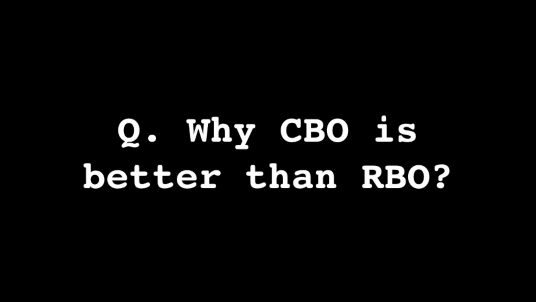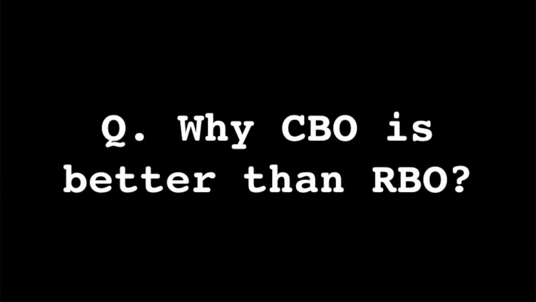Why is CBO better than RBO? This question I get hundreds of times, and trust me guys, cost-based optimizer and rule-based optimizer. We know that these are two terms used in terms of the Oracle database optimizer. The one question that is important is why rule-based optimizer is not good for queries.